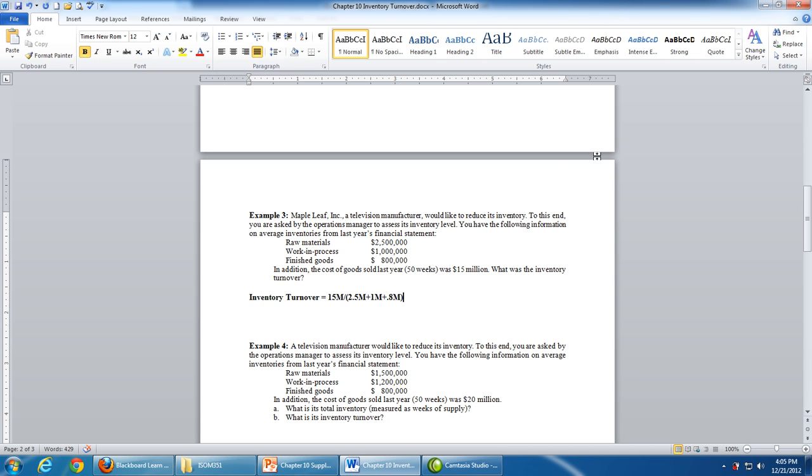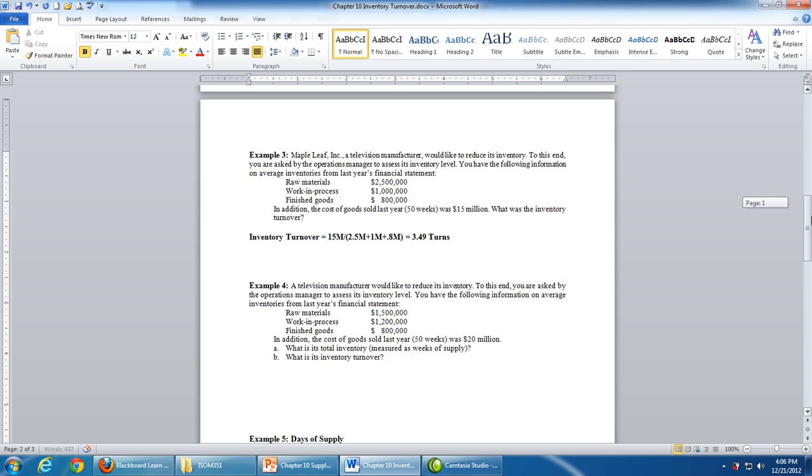If students would like to add together in million units, students also can do so. The outcome will be the same. About 3.49 turns.